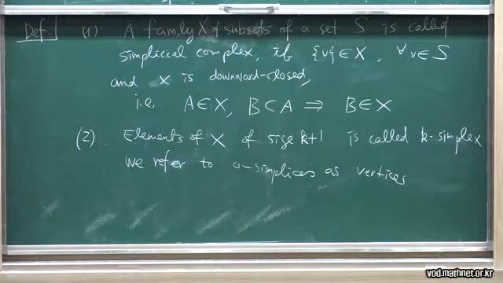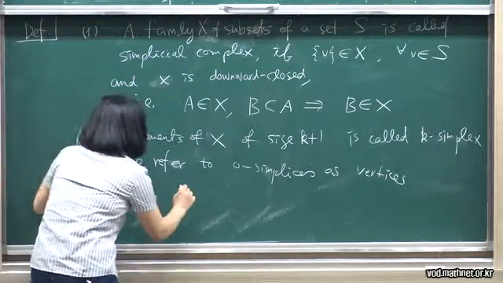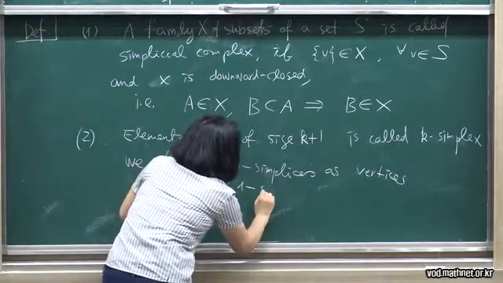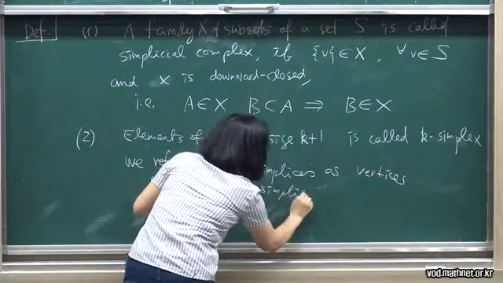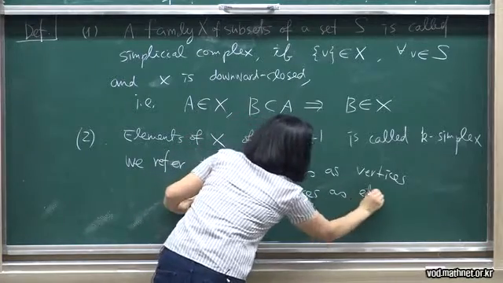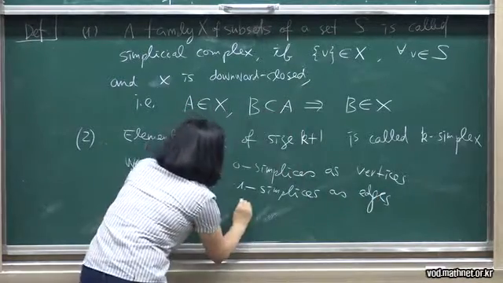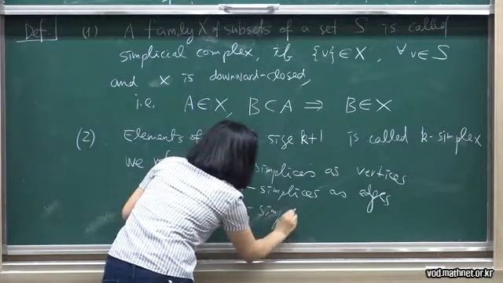Vertices. Whereas simplices of size 2, namely the pairs, we call edges. And 2 simplices are faces.